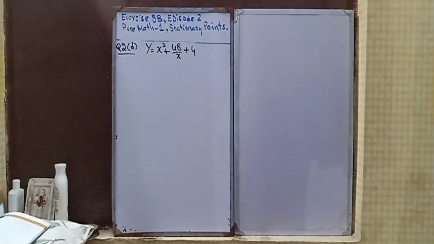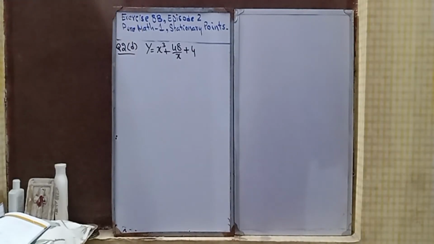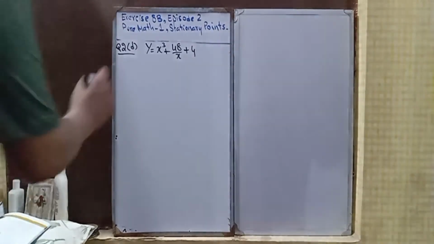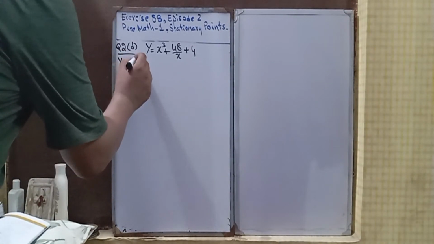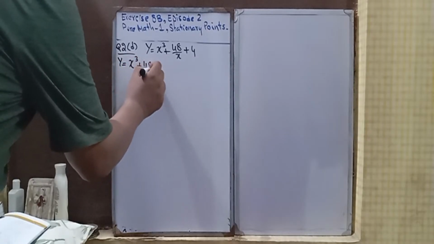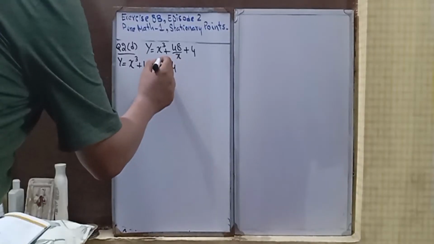We have to find the coordinates of the stationary points on each of the following curves and determine the nature of each stationary point. Okay, so first of all, make the shape friendlier: x raised to power minus 1 plus 4.